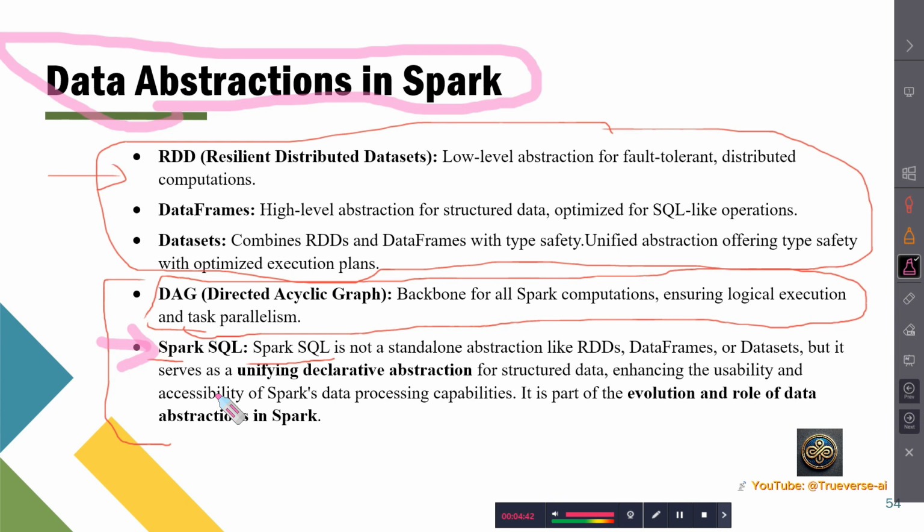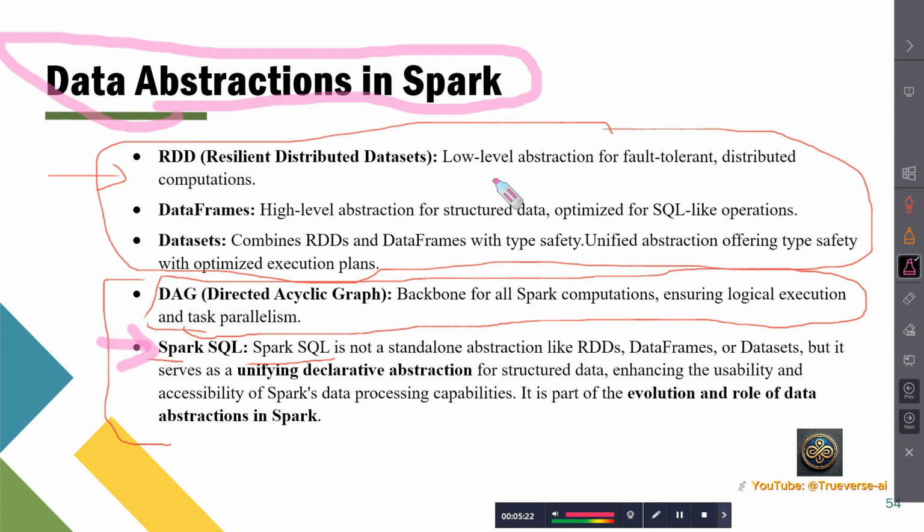You should deeply understand Spark data abstraction, and that is very important. I highly recommend watching my video many times. Every word I created by myself, and many times I changed it to make it simple for students. So let's dive into these five data abstractions.